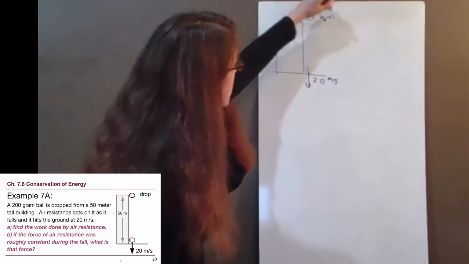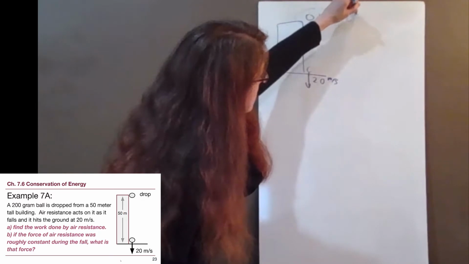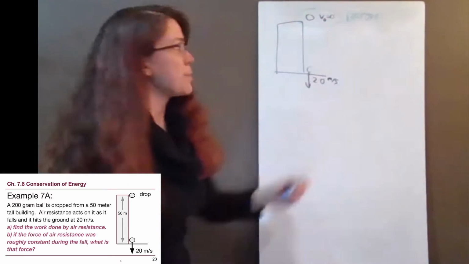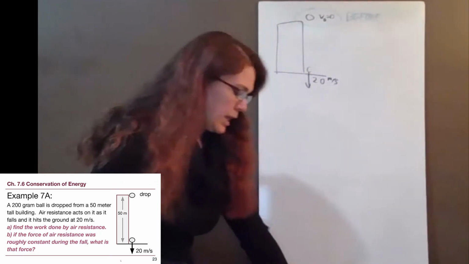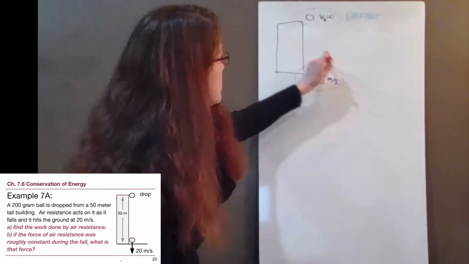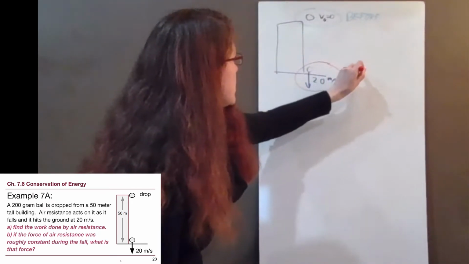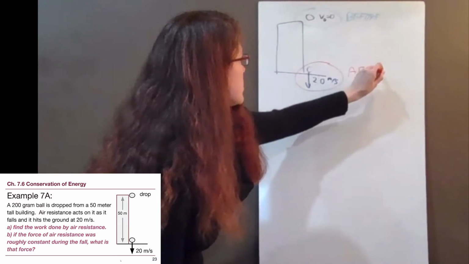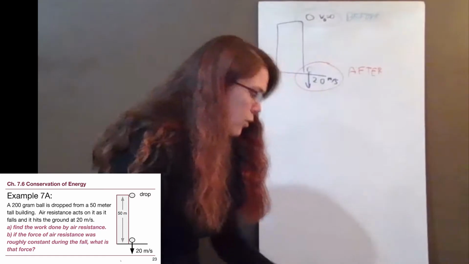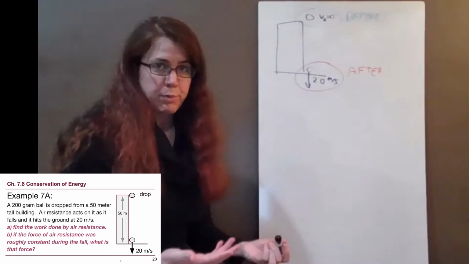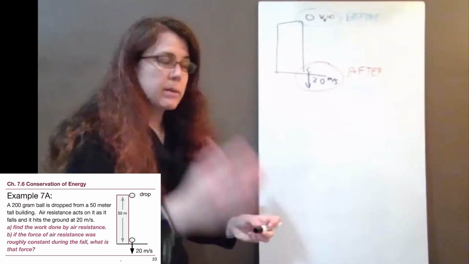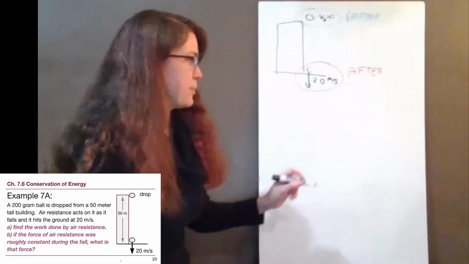In this case, the start of the problem, the before, is when we've dropped it at rest, and the end of the problem, the after, is when it's hitting the ground at 20 meters per second. Now, for all of the energy problems that we do, we really want to be asking ourselves the same general set of questions every time.